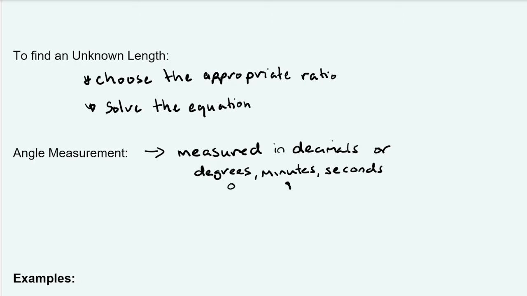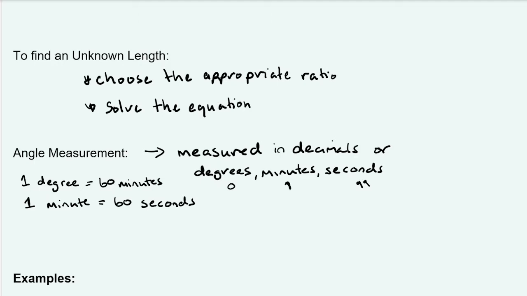Minutes is an apostrophe, and seconds is the double apostrophe. 1 degree is 60 minutes, and 1 minute is 60 seconds.